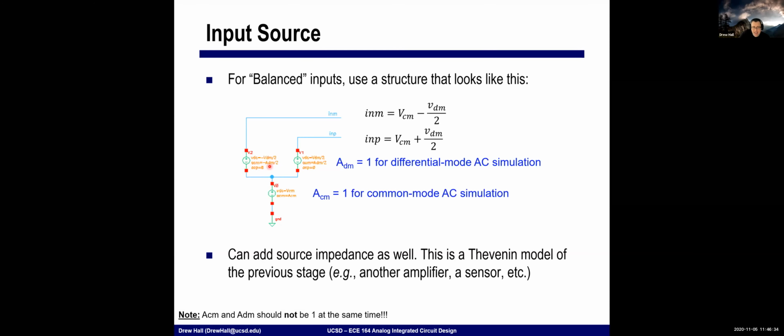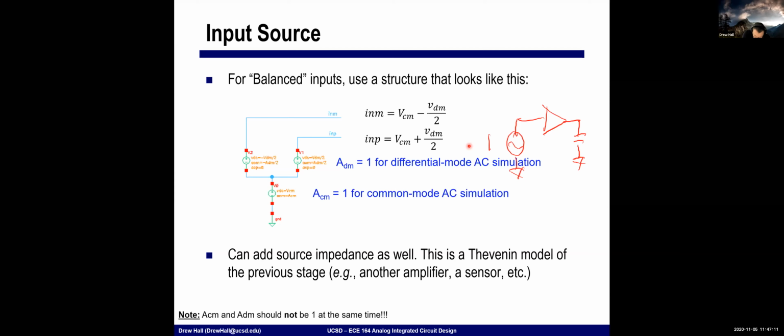For the differential mode, it's minus ADM divided by 2 and ADM divided by 2. So if you think about an amplifier, why do we choose the AC amplitude to be 1? If I had an amplifier and I wanted to run an AC simulation, almost always I will set this amplitude equal to 1.